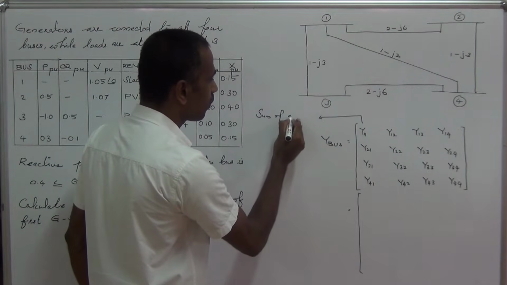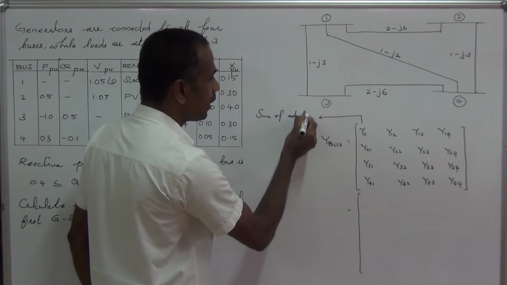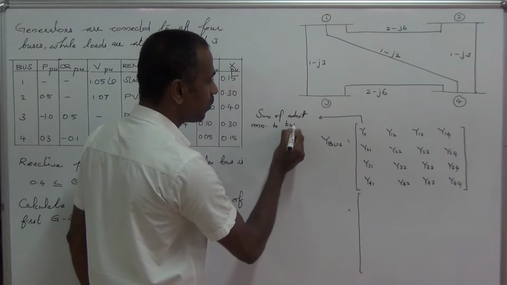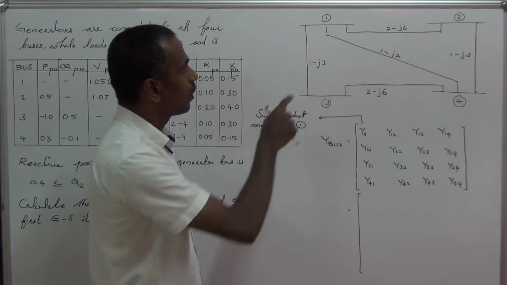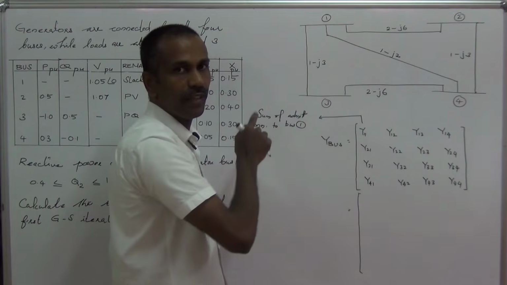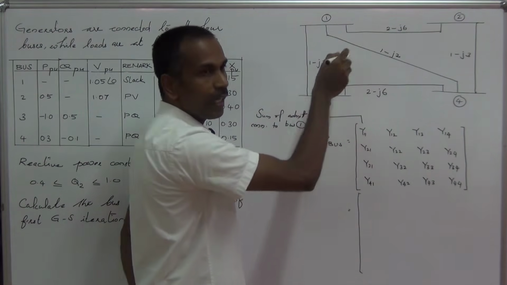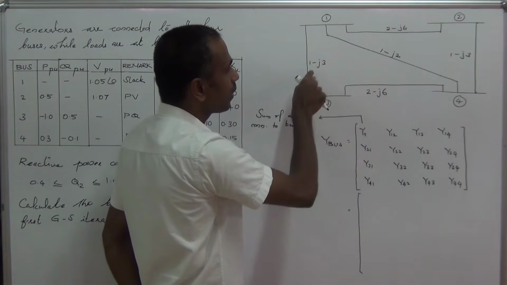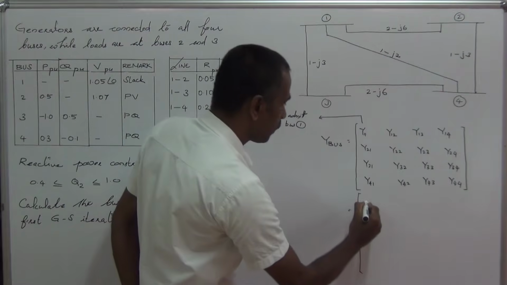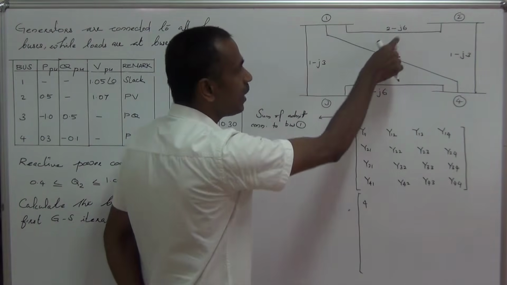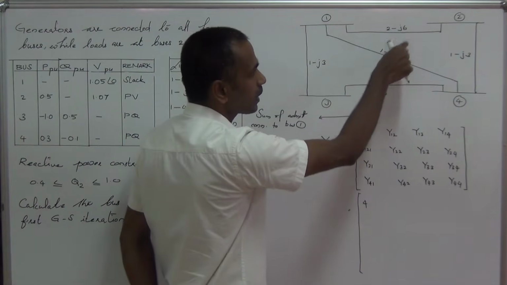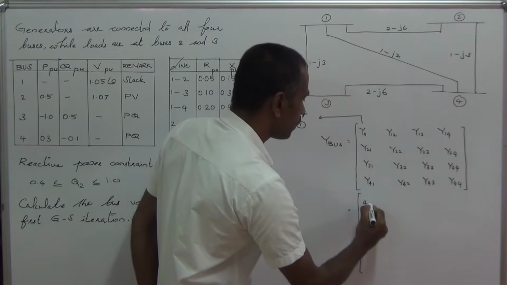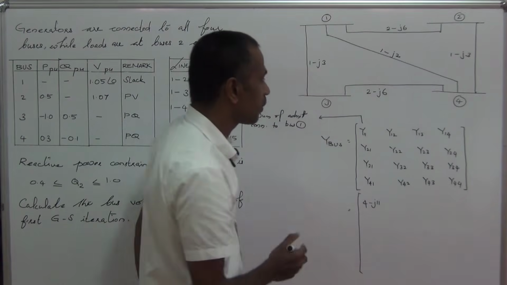What is the total admittance? Add the real parts together: 2 plus 1 equals 3 plus 1 equals 4. Add the imaginary parts together: 6 plus 2 is 8 plus 3 is 11. So it is 4 minus j11.